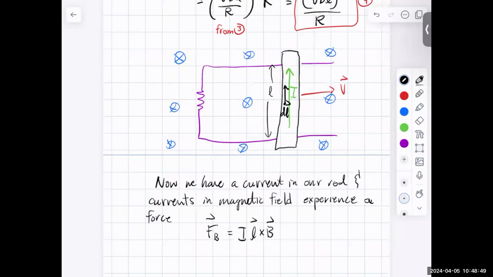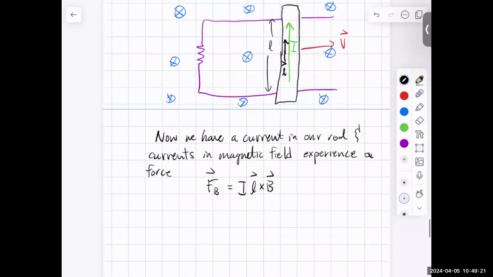Sorry, it's not a dL, it's just an L. Let me fix this picture. So my L vector is in the same direction as the current. Now from the cross product, right-hand rule, L is up, cross with B into the screen. My thumb points in the direction of the force, and that is to the left. So by the right-hand rule, this force is to the left.